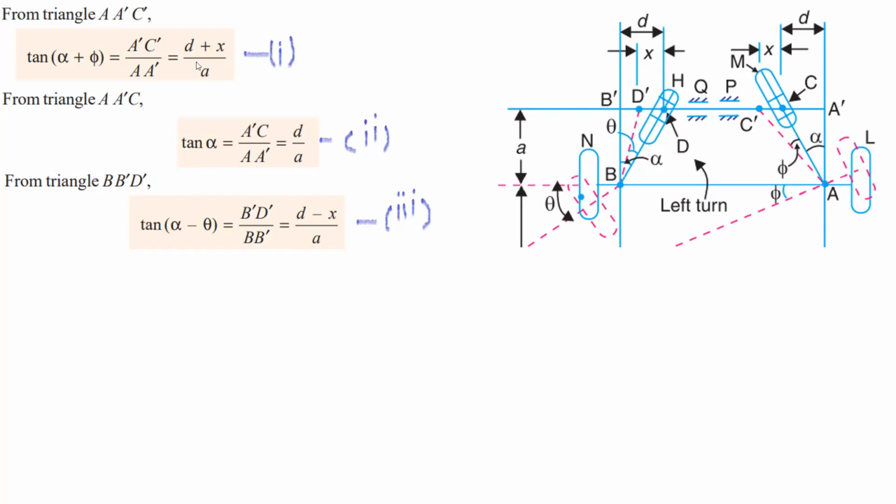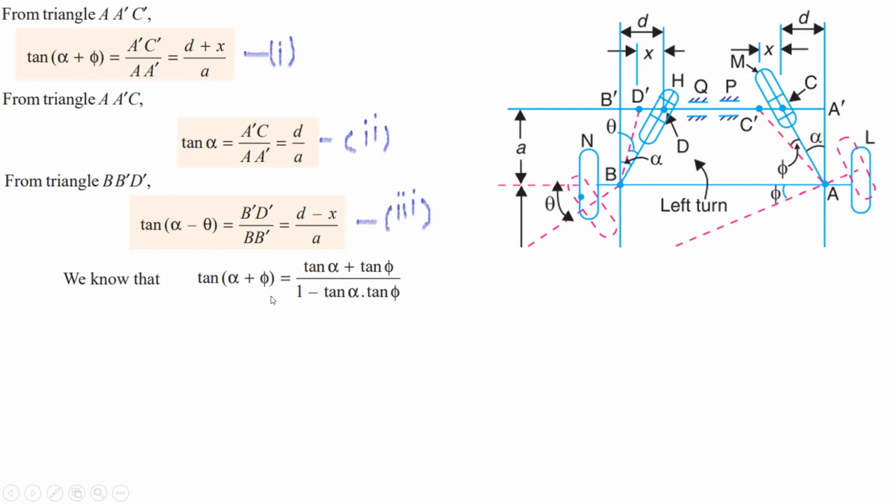So with this, let us proceed forward. Let us take equation 1. In equation 1, tan alpha plus phi, we have D plus X upon A. We know the expansion formula of tan A plus B. So same expansion formula we can use for tan alpha plus phi: tan alpha plus tan phi upon 1 minus tan alpha into tan phi.